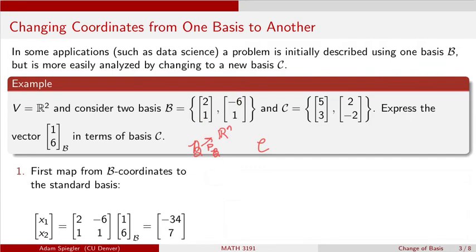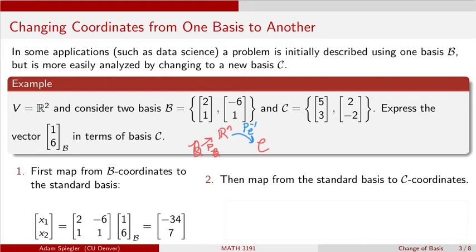And then our next step is going to be to map from Rn with respect to the standard basis back into Rn with respect to basis C. And to perform this, we apply the inverse of the change of coordinate matrix for basis C.